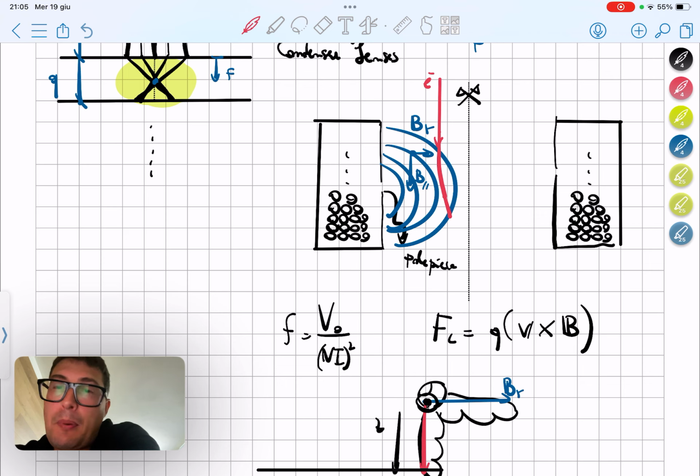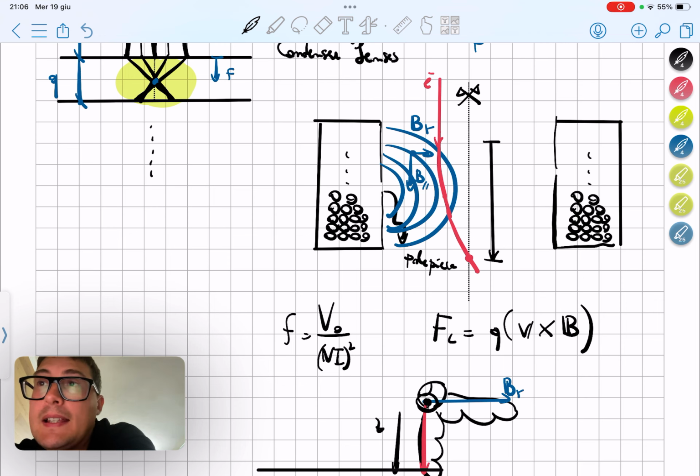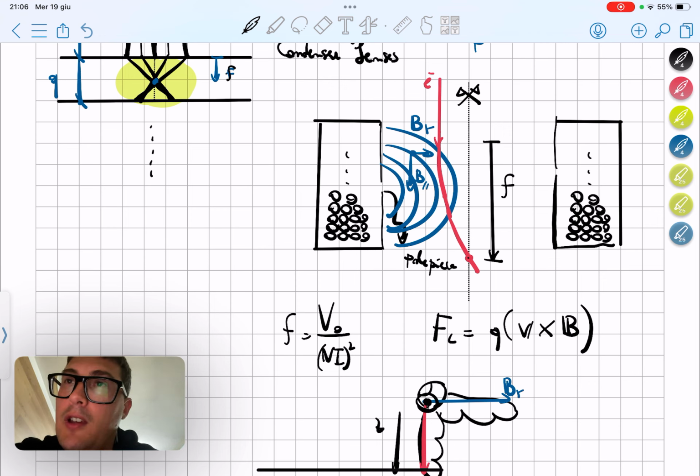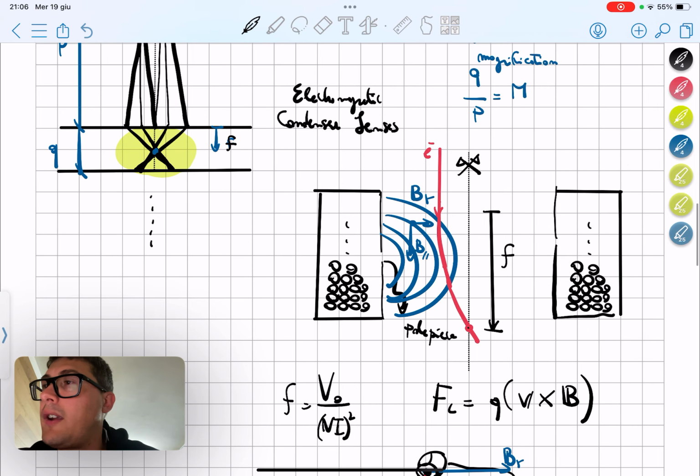Actually, spiraling. It will spiral and cross the optical axis at this precise point. So if you measure the distance between the first time the electron interacts with the radial component of the magnetic field and the point where it crosses the optical axis, you will have this F, which is the F that we drew earlier.